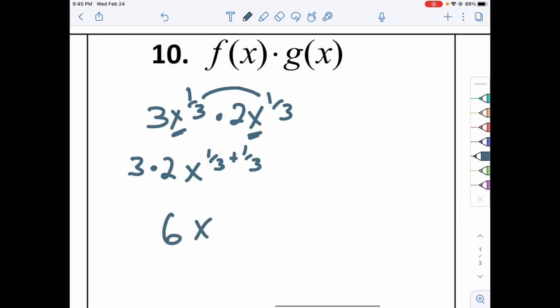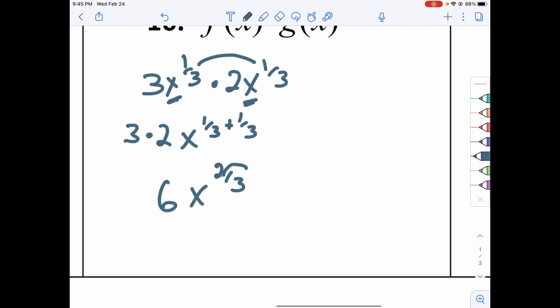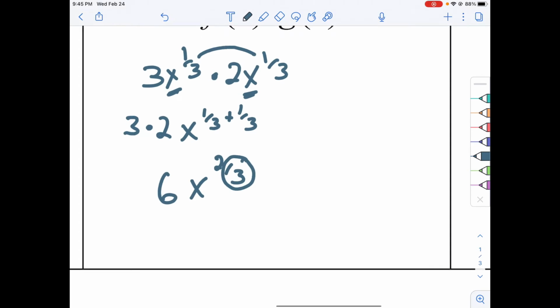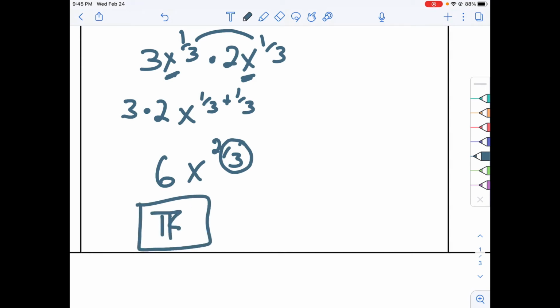So we get 6x to the 2/3, right? Again, this is only a cube root. There's no restrictions when plugging x values into a cube root. So we're just going to say all real numbers again here for the domain.